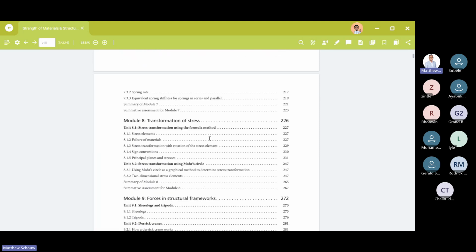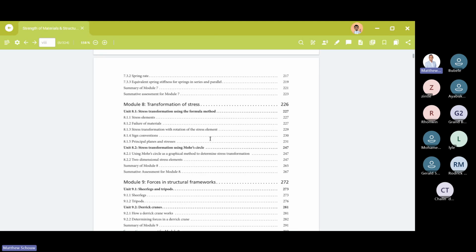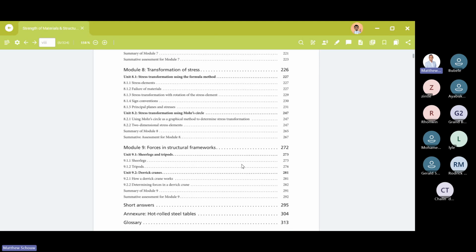If you covered module 4 in N5, I think you were introduced to the Mohr circle. In this case, you're actually doing the formulas for the Mohr circle. Module 9 is the forces in structural frameworks, which is a continuation, I believe, of module 8.